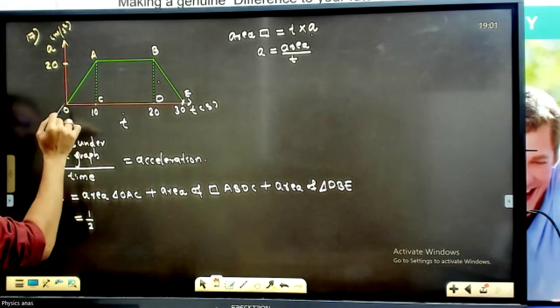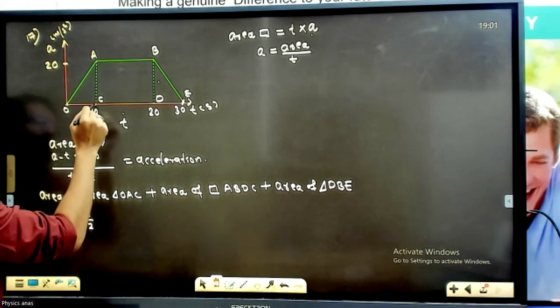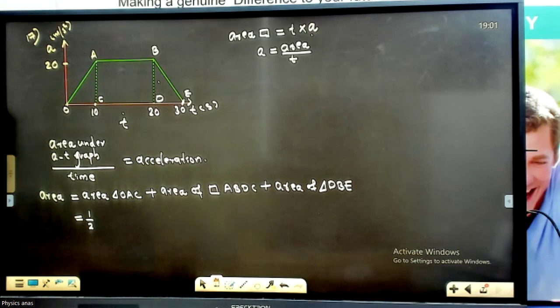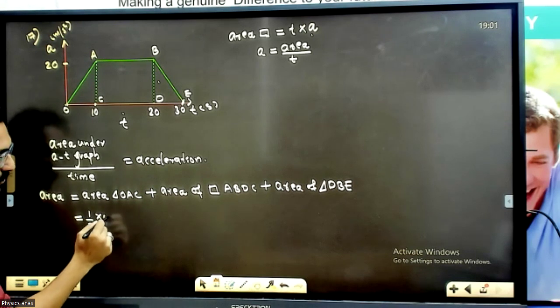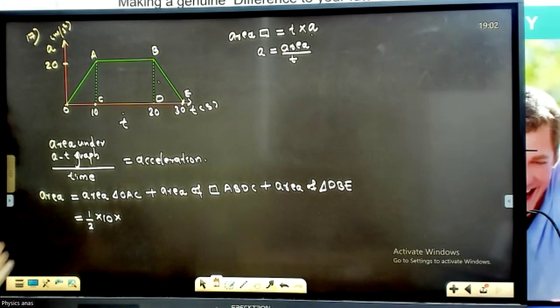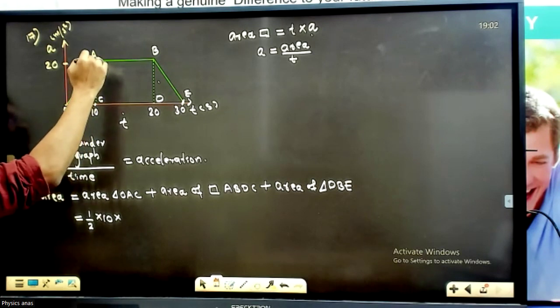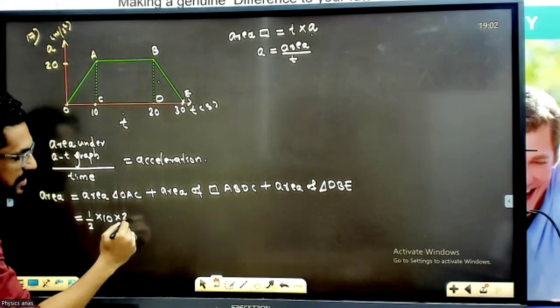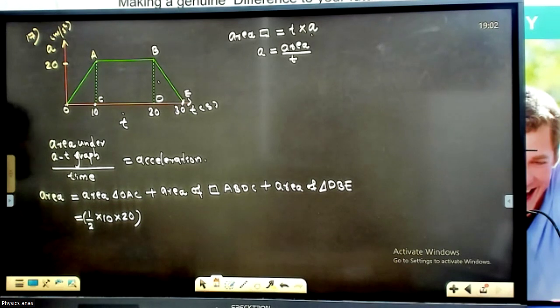What is the base here? 0 to 10, that means 10. So half BH, 10 into H. What is H? H is the height, or C to A, which is 20. That's our first area.